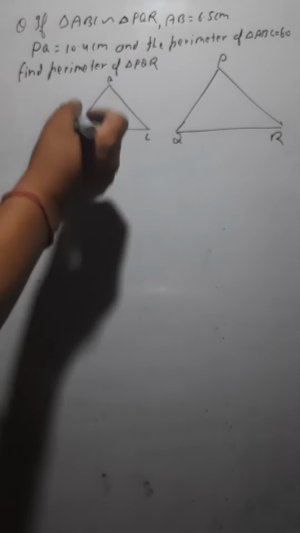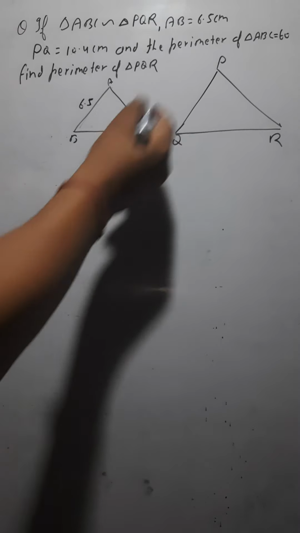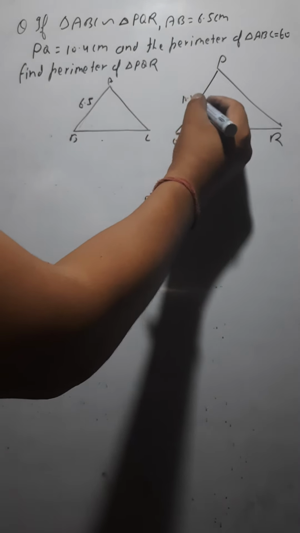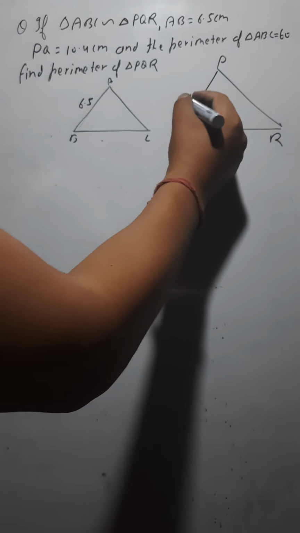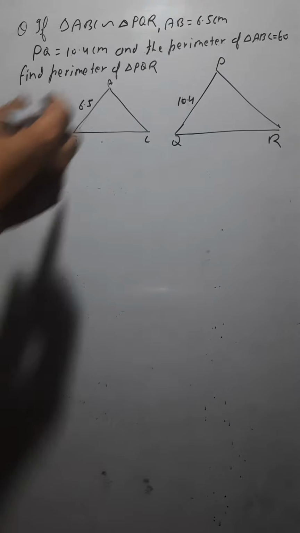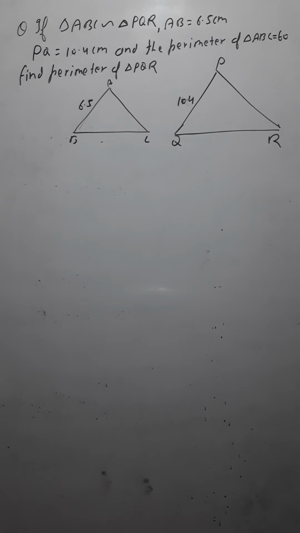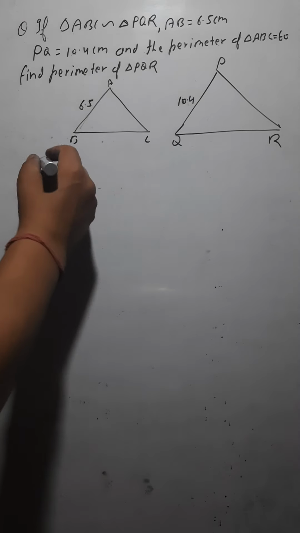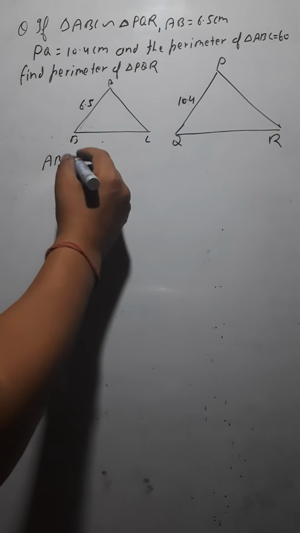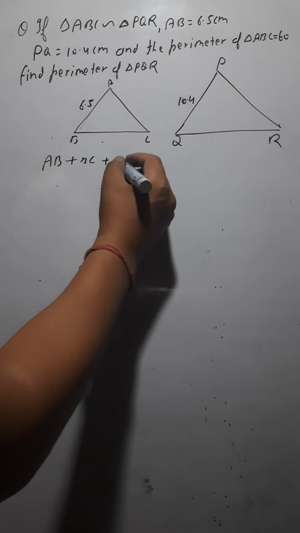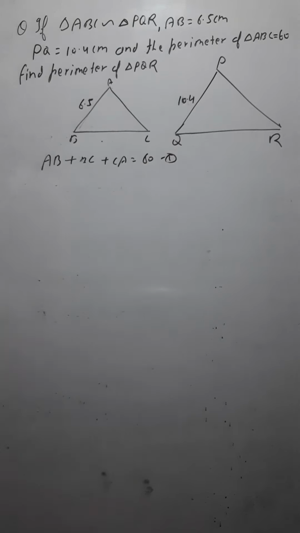You have been given the length of AB as 6.5 and the length of PQ as 10.4, and the perimeter of triangle ABC has been given to you as 60. Perimeter means sum of all sides, AB plus BC plus CA, that has been given as 60. Let's say this is question number first.